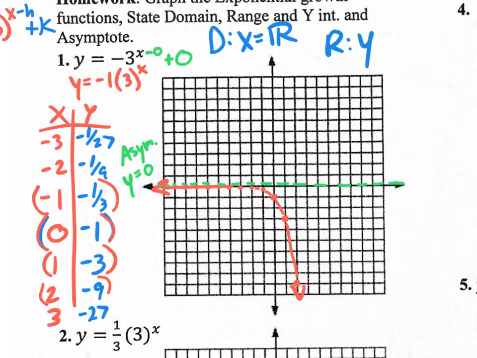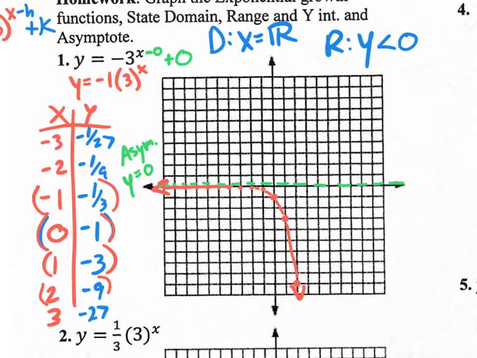So is this graph above or below our asymptote? It's below. So you're going to say y is less than your asymptote, which was 0.